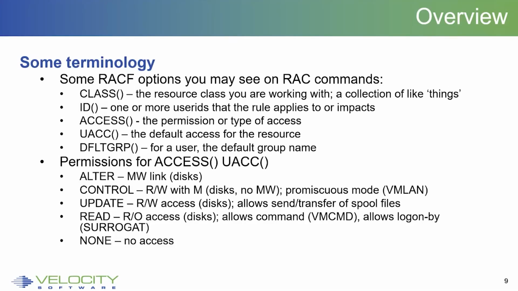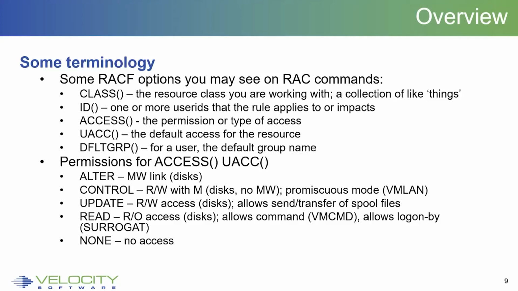Now on RACF commands, there are some options that you will want to know about also. The class option is the resource class you're working with. So if you are doing a CP command rule, VM CMD would be the class. The ID option is one or more user IDs that the rule is going to apply to or that will impact.